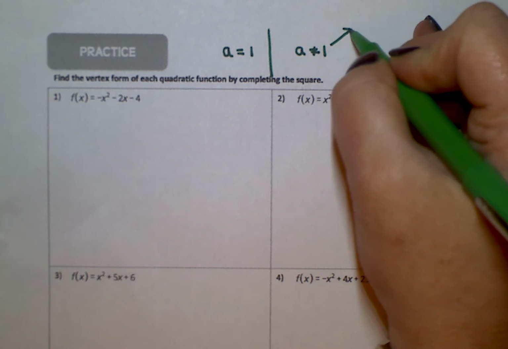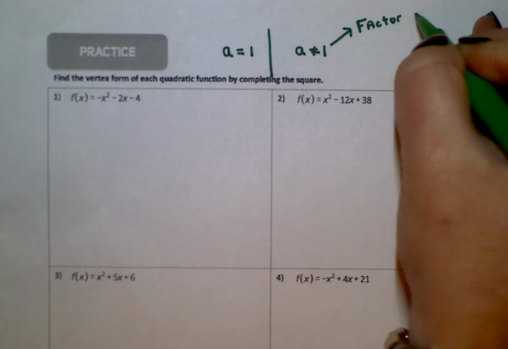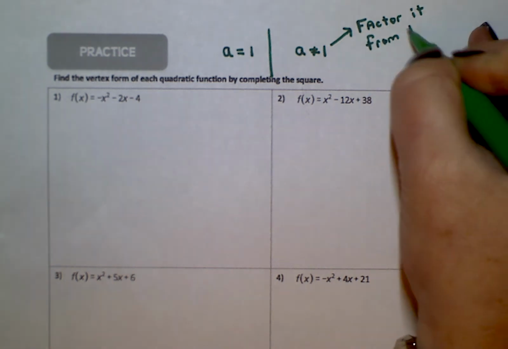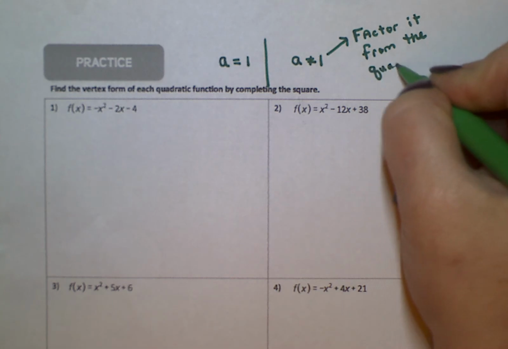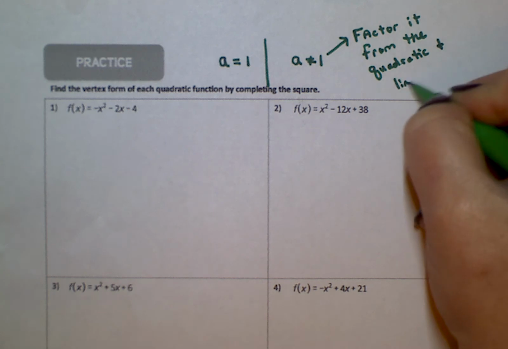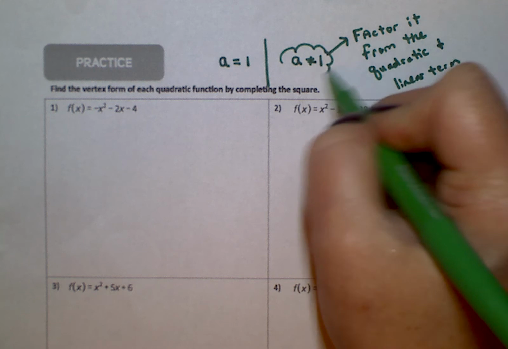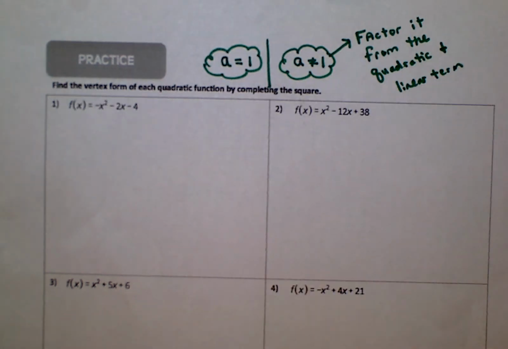So if A does not equal 1, you have to factor it from the quadratic and linear term. Okay, so A needs to equal a positive 1.